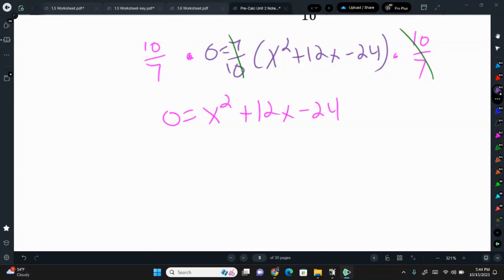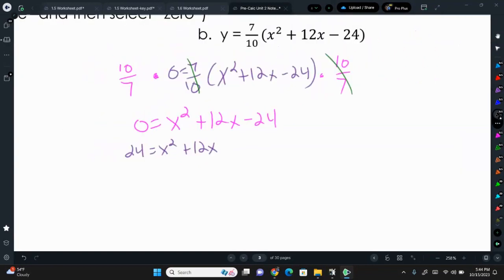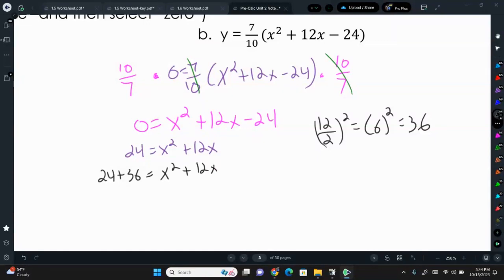I'm going to add 24 to both sides, so we get 24 equals x squared plus 12x. Then we take that 12 and we do the completing the square part. 12 over 2 squared equals 6 squared, which is 36. So 24 plus 36 equals x squared plus 12x plus 36.